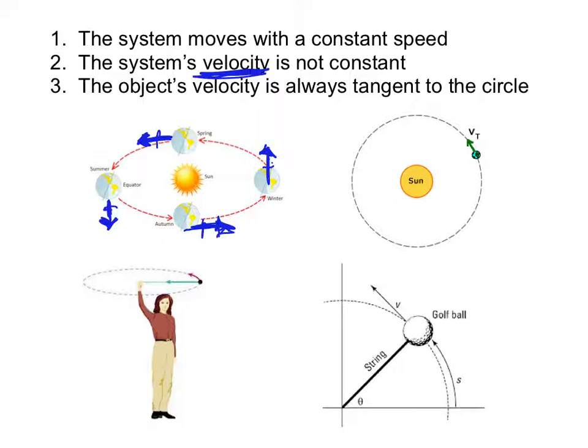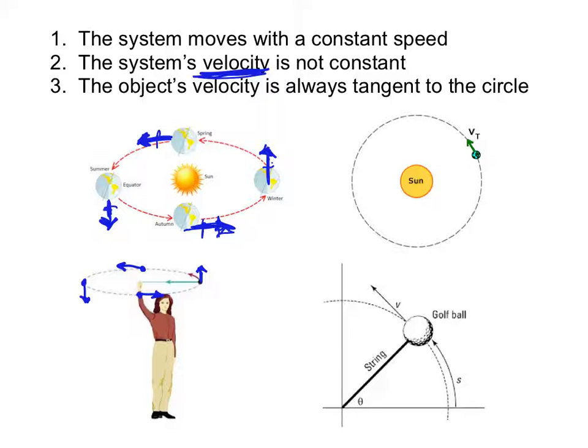Likewise, if you take a ball, attach it to a string and spin it over your head, it will have the same speed as long as you control it, but it will have different directions at all times. Here it may go that way, and up here it may go that way.